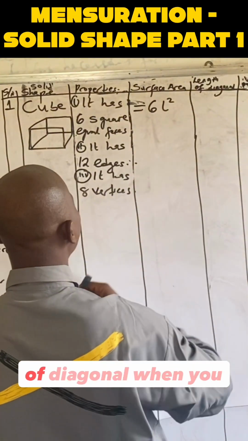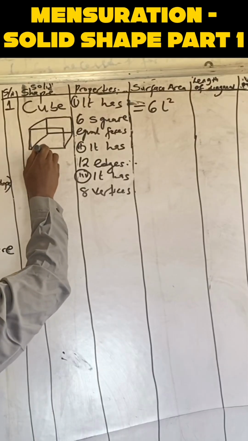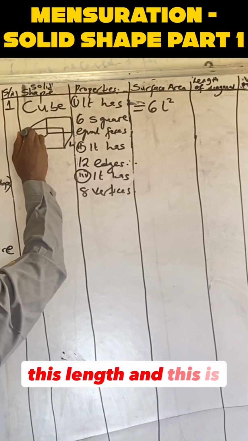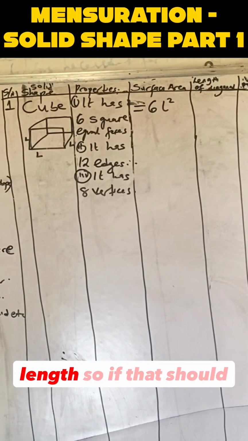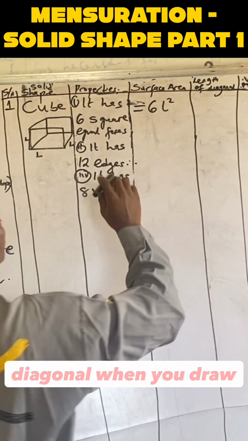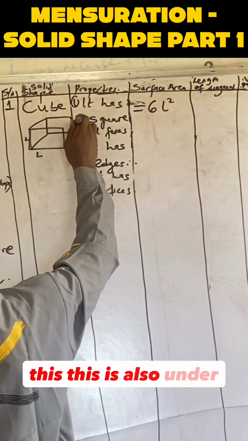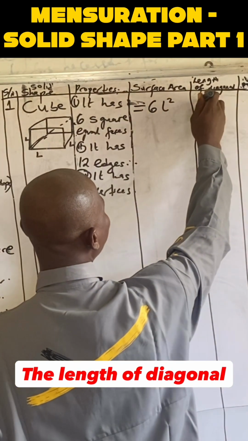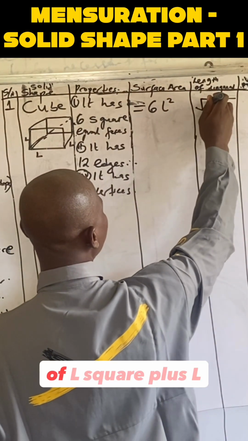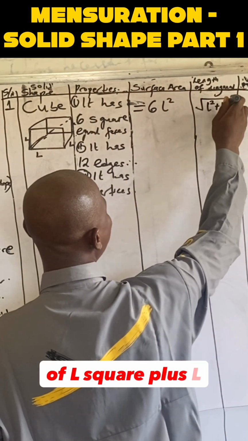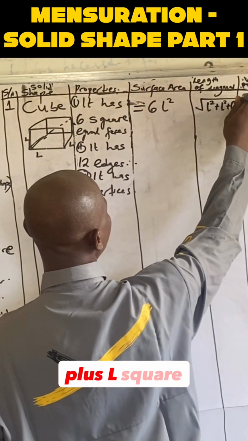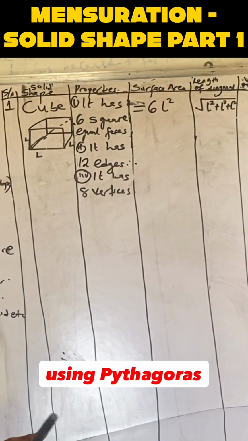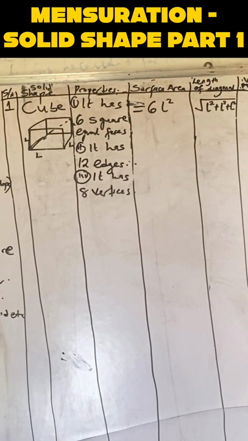Then what is the length of the diagonal? This is the length, this is the length, and this is the length. All of them are length. When you draw this, this is also another length this way. The length of the diagonal is the square root of L squared plus L squared plus L squared, using Pythagoras' theorem.